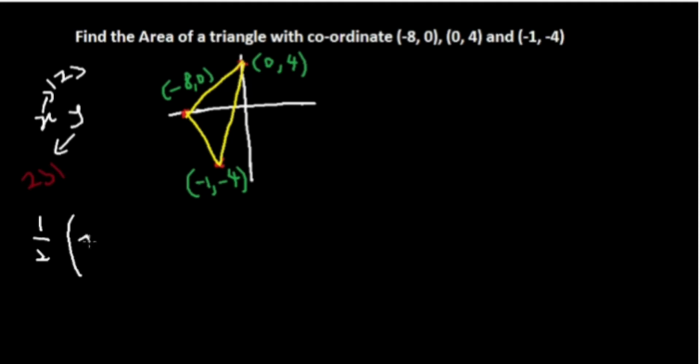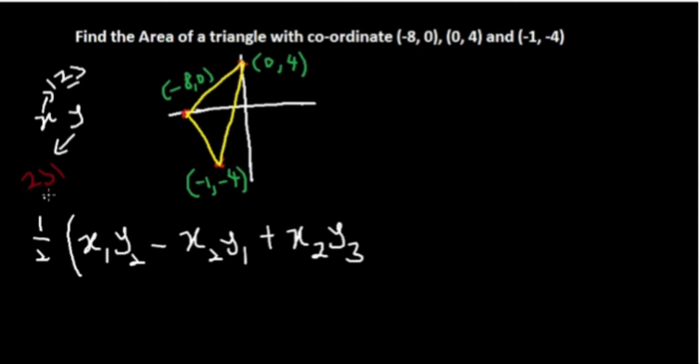So for x we have x1 starting from 1, then y2. You do the negative of it, you interchange it through 1. Then plus, what's the next thing? That's 2. We have x2, then y3, because we're having 2, 3.